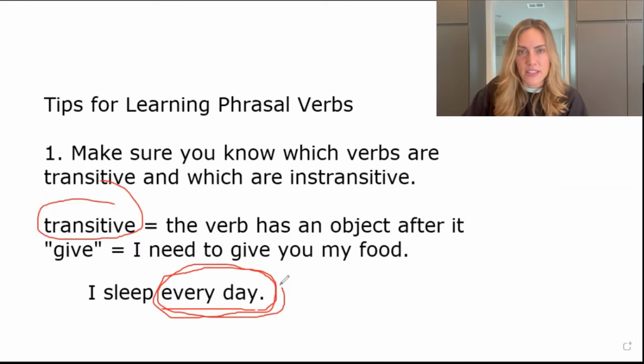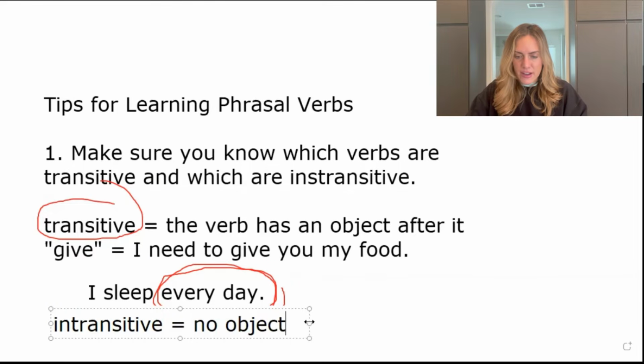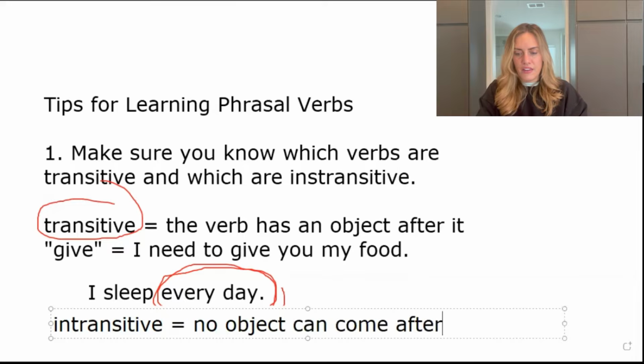This is telling us the time. This is an adverb, not an object. When you do not have an object after a verb, and you can't have an object after a verb, it's intransitive. That means no object can come after the verb.